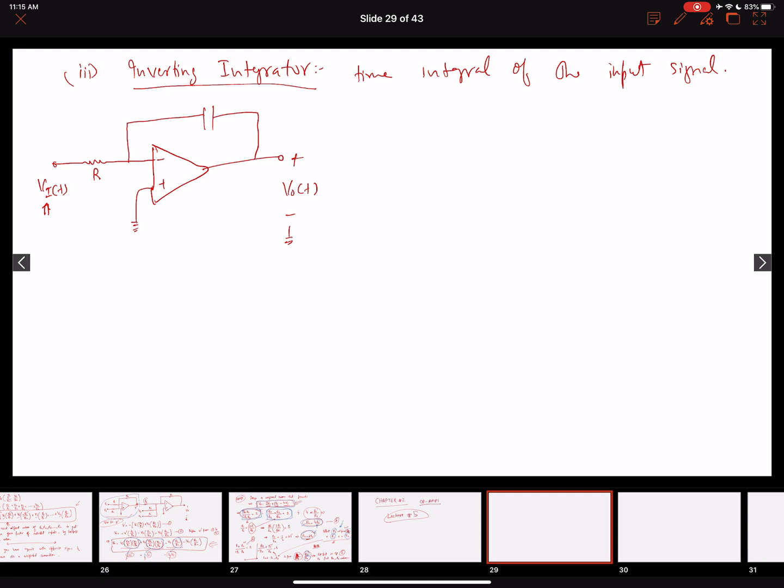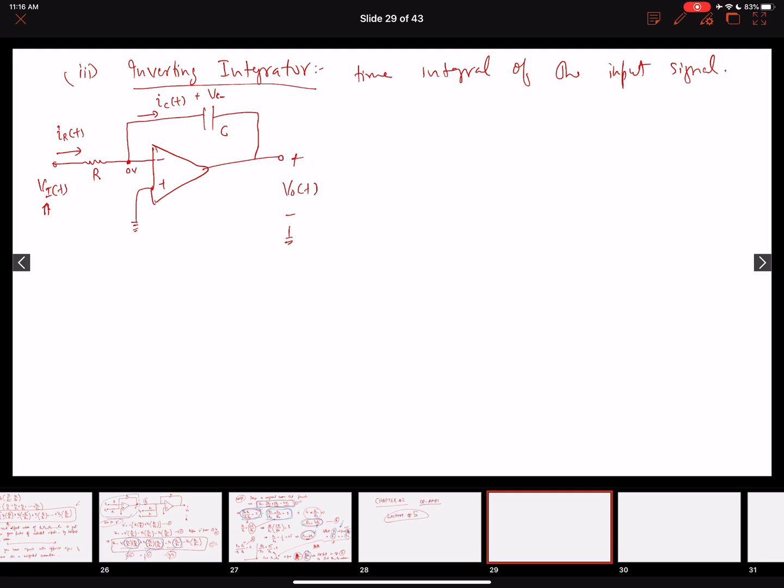We have a resistor R. The current IR of t will flow through the resistor, and then the current IC of t will flow through the capacitor. Our capacitor is here, and this is the voltage that will appear across it. We are going to consider this as an ideal amplifier with an infinite open loop gain. So we're going to have a virtual ground at this point, 0 volts.